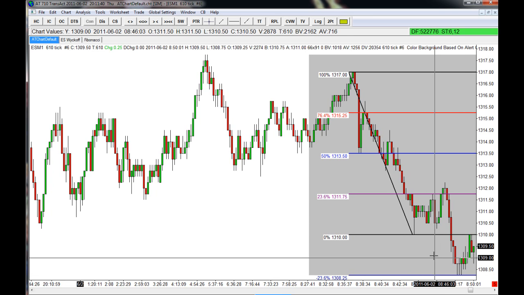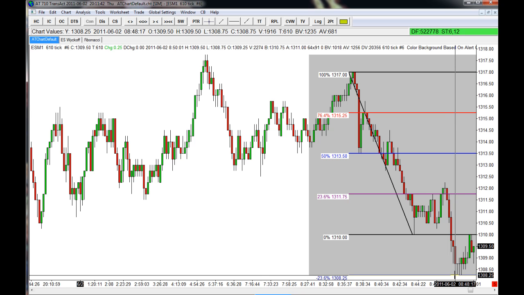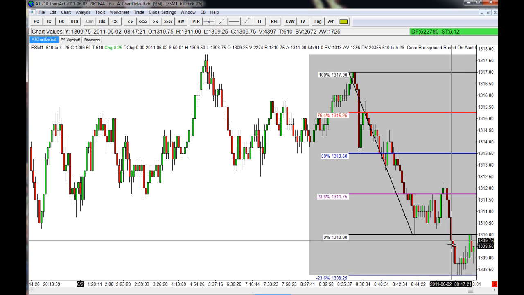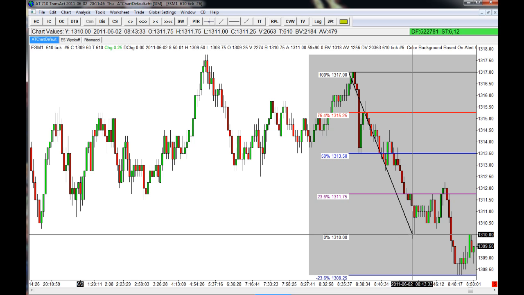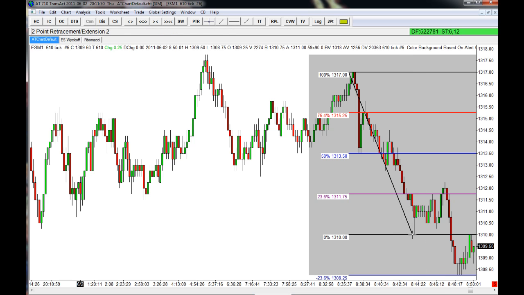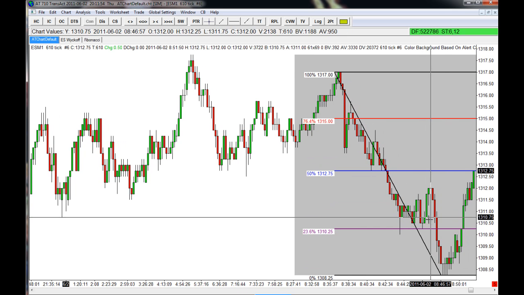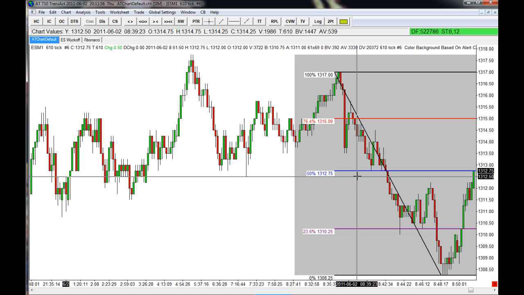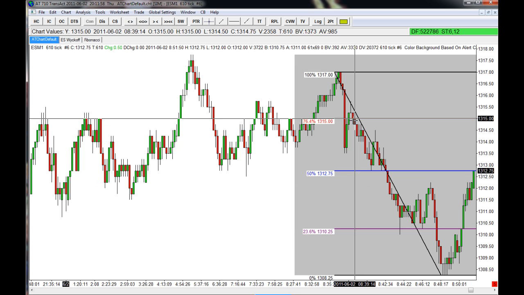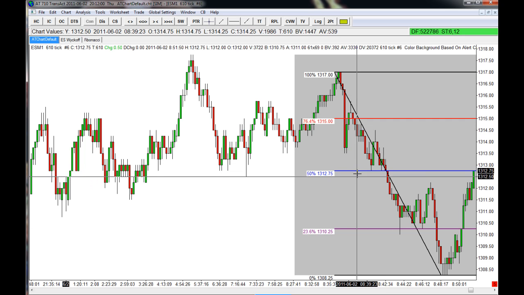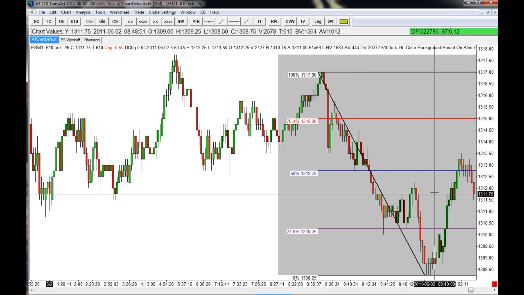So as you can see, it moved to the negative 23.6 level, back to 0. So I would move the pivot low, or the 0% line, to there. Okay, still this is not tradable. The distance between the two is more than 2 points.